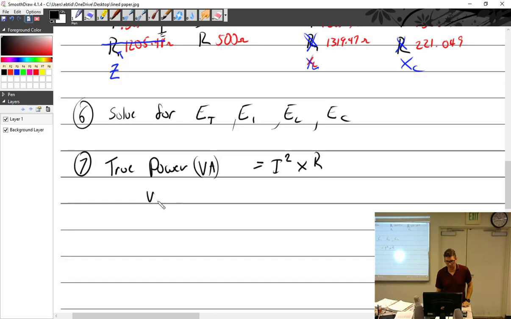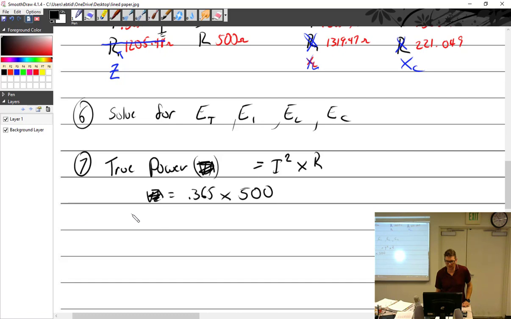I squared is 0.365 times R, which is 500. Oops, that's not volt amps. I'm sorry, made a mistake. It's just true power.